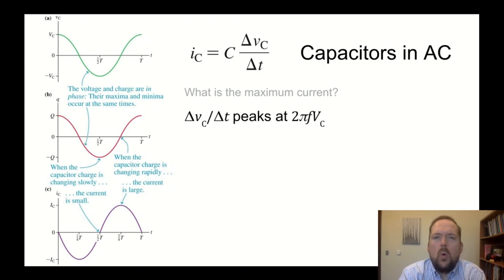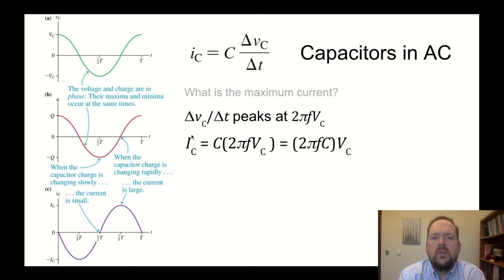And you can show that the changes happen the biggest at values of 2 pi times the frequency times the maximum voltage right here. Now, the details of this, in my mind, are easier if you know some calculus, so I wouldn't worry too much about where this comes from, but just think about the fact that if you increase the frequency, you're going to increase the peaks that you have for these changes as well.